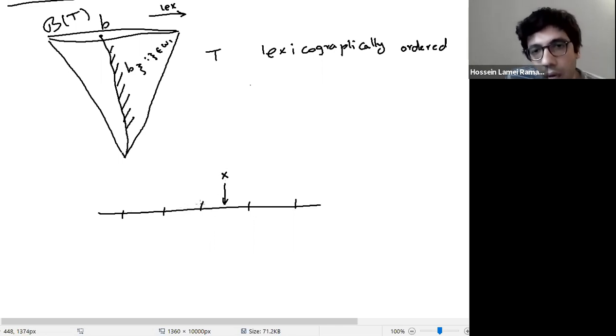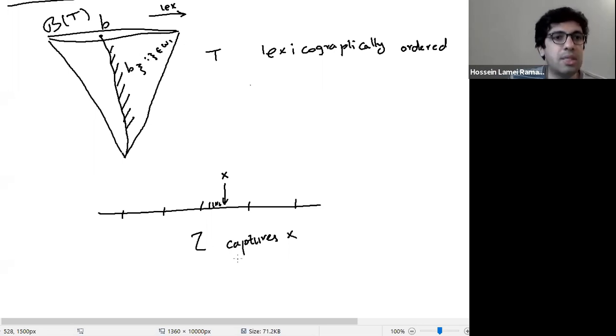If there is one cut in Z intersect L such that there is no element in between X and the cut, we say that Z captures X. If there is no such cut, we say that Z does not capture X. So when Z captures X, it means that Z has a best approximation for X. When Z doesn't capture X, Z does not have a best approximation for X.